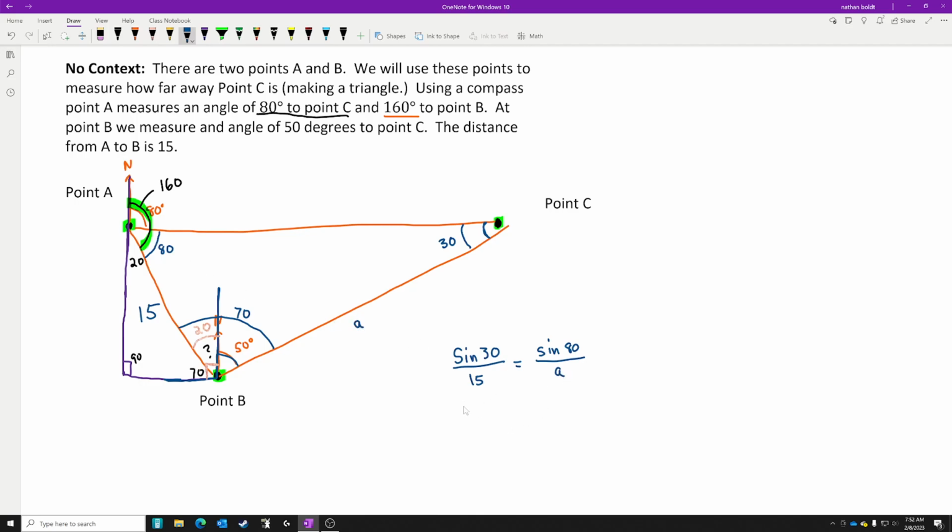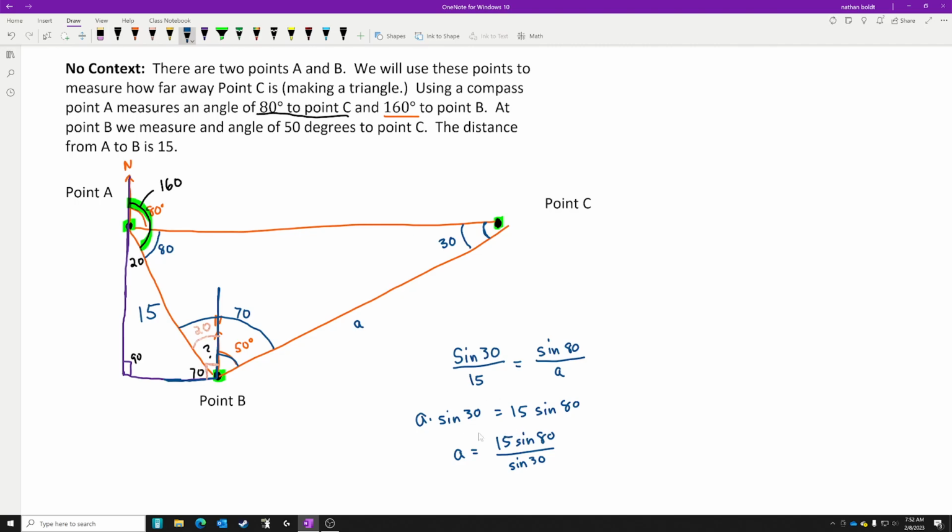A. So to solve for A, you cross multiply. You get A times sine of 30 is equal to 15 sine of 80. Get A by itself by dividing by sine of 30. All right, there is our answer for A.